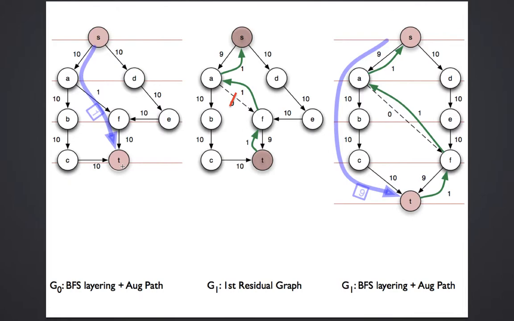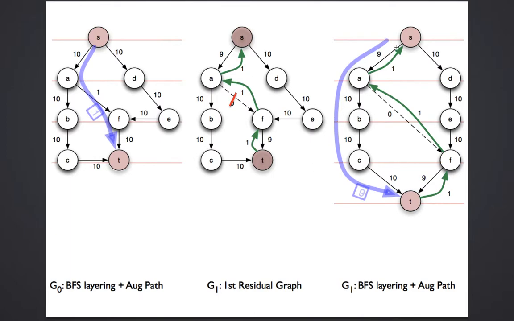So we push a flow of 1 along this path, and we will have a reverse edge from T to S, and the edge AF got saturated, and we delete this AF edge. Then we will have the first residual graph.